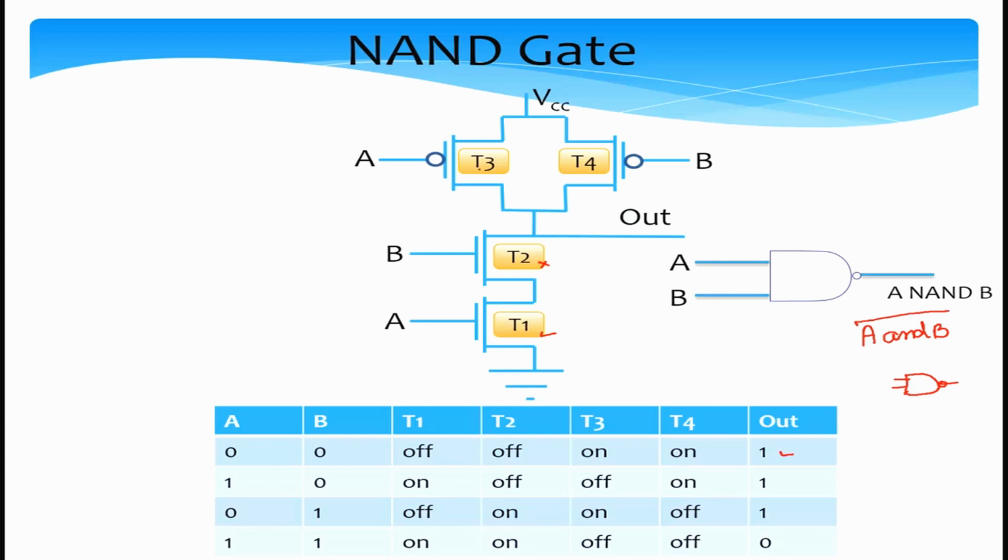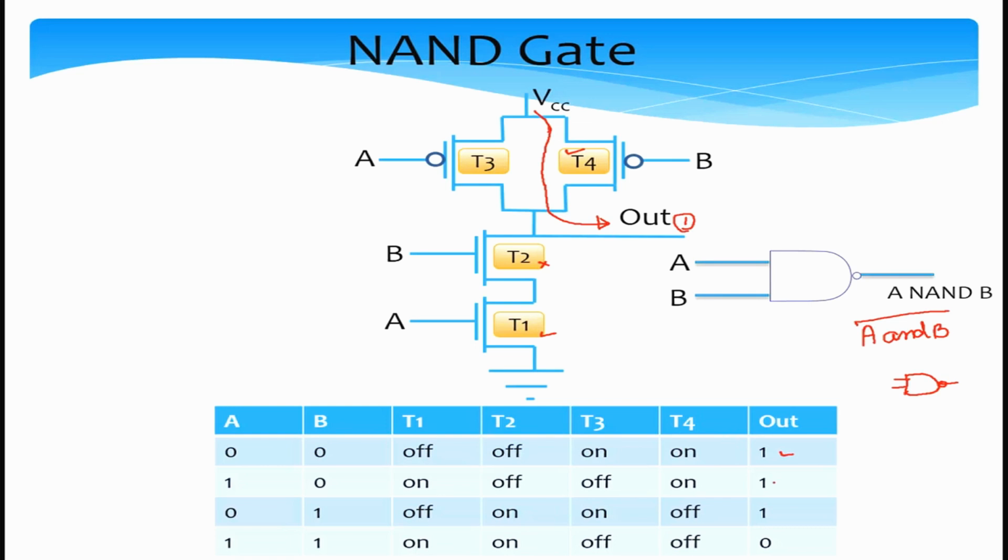Since A is 1, T3 is turned off, but since B is 0, T4 is turned on. Hence we have a conducting path between the supply voltage via T4 to the output terminal, right? So current can flow like this. As a result, the voltage here will get set to roughly the same voltage as the supply voltage, and we can assume that it's a logical 1.